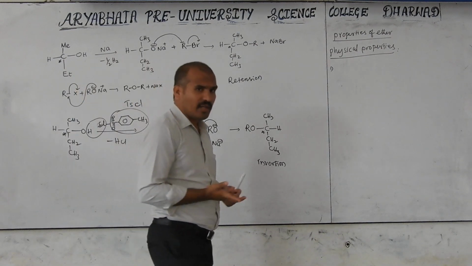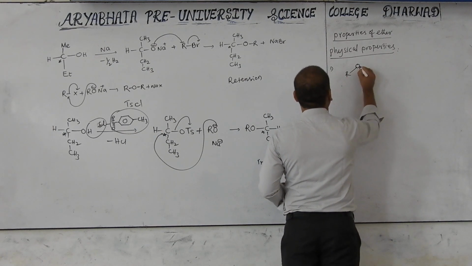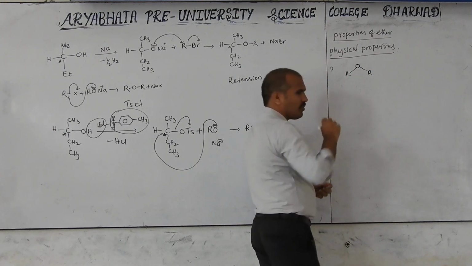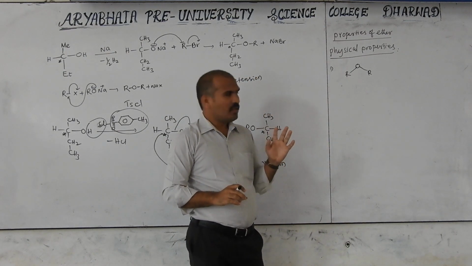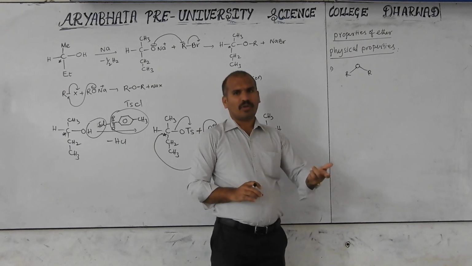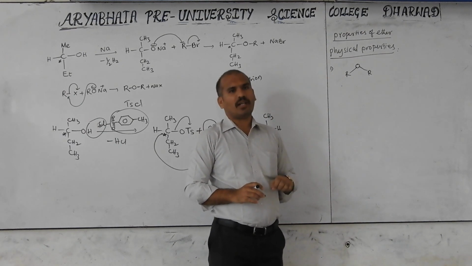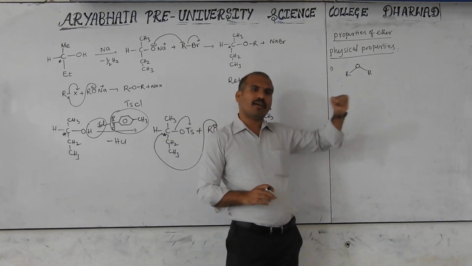So here these are not that polar, because we know ethers are R-O-R. So these are less polar, very less polar compared with alcohol. When less polar, this will affect the boiling point a little, not very much compared with alcohol. That's why the boiling point compared with alcohol is less. Already I discussed alcohol properties.